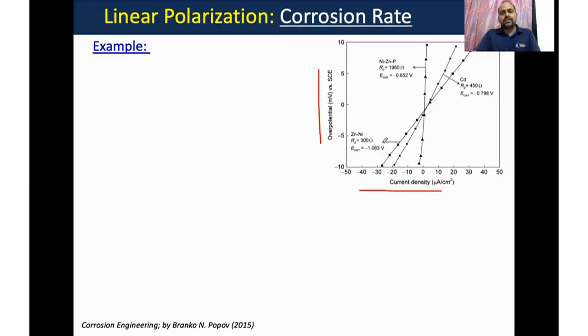Example 1: The exchange current densities for a hydrogen evolution reaction on three different metals are 5×10^-4 ampere per centimeter square, 3×10^-7 ampere per centimeter square, and 5×10^-11 ampere per centimeter square respectively.